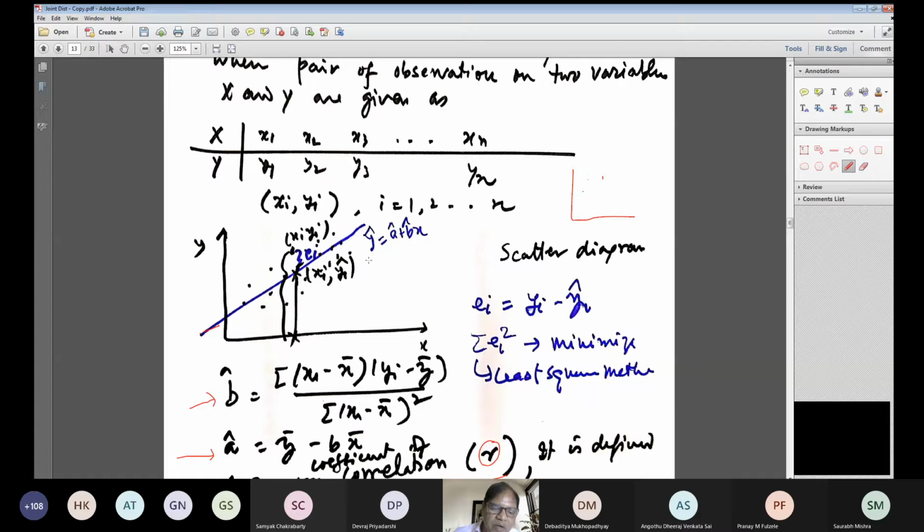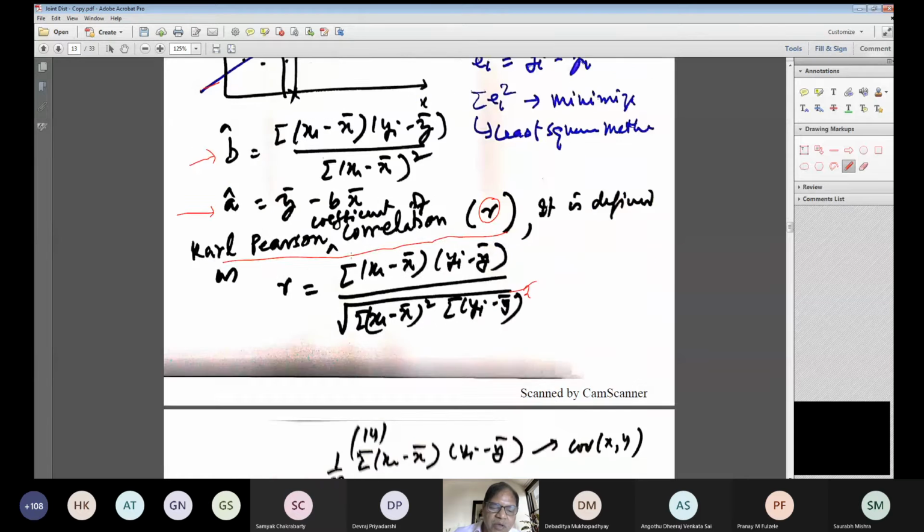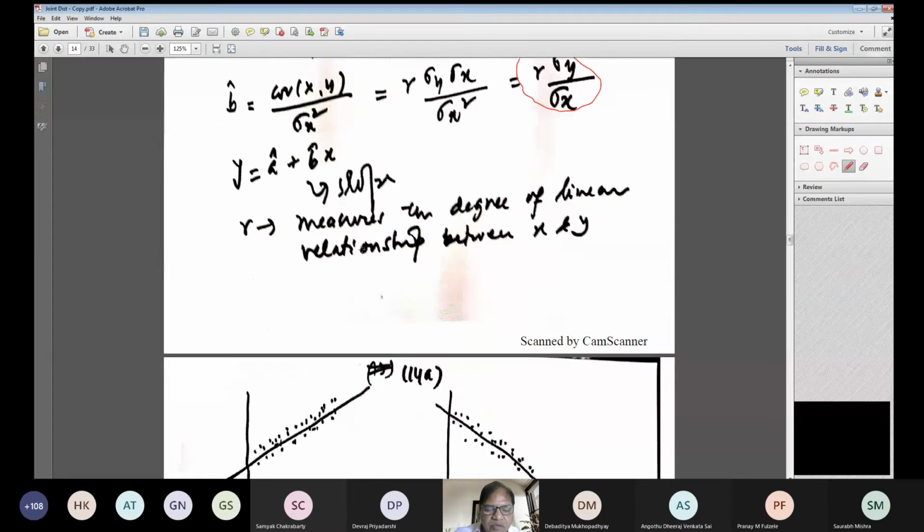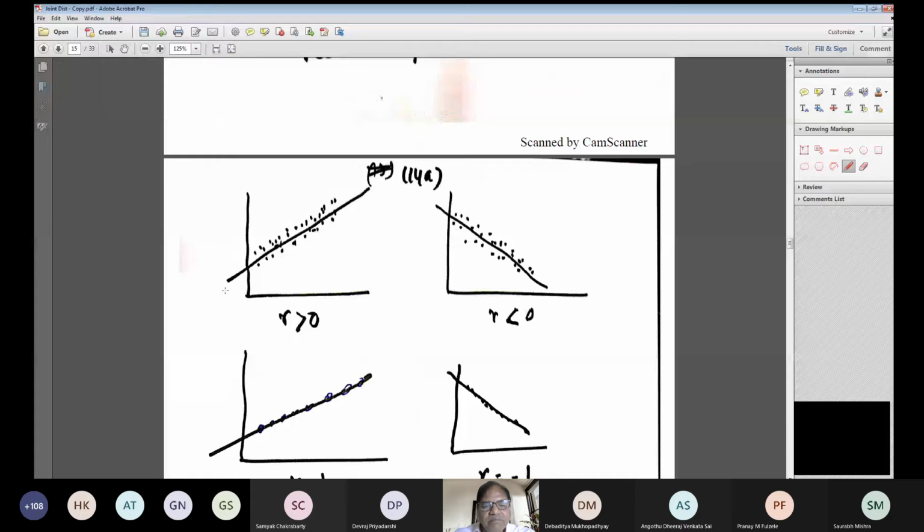Here it is the x-axis, here it is the y-axis. So r greater than 0 means all your data have a trend, where as x increases, y increases.